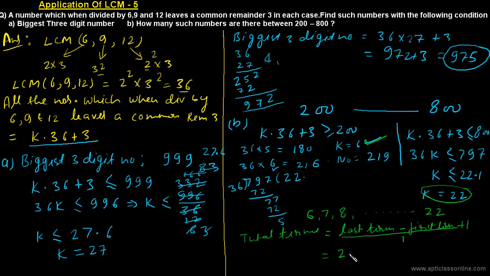So the last term is 22 minus first term, which is 6, plus 1, that is equal to 22 minus 6. How much is it? 22 minus 6, that means 16, and plus 1, that is 17.